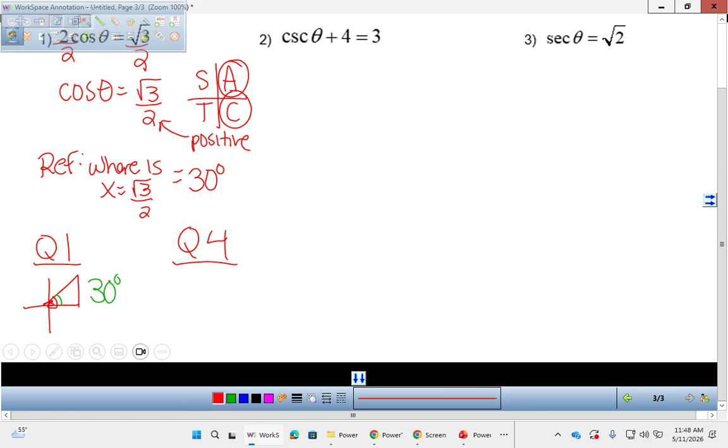In quadrant 4, if I were to draw a triangle here, this is 30 degrees. I want this. So my green plus 30 is a full circle. So then that green must be 360 minus 30, or 330. My answers are the green angles.